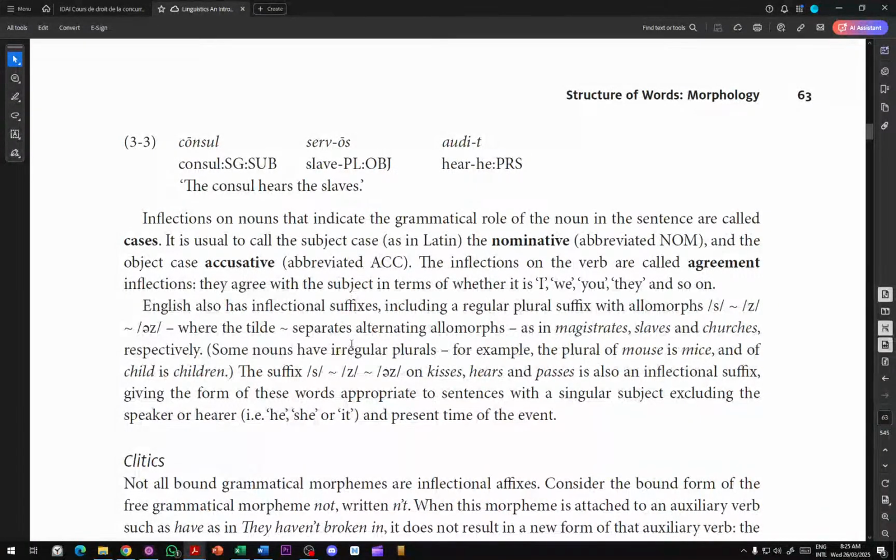Some nouns have irregular plurals. For example, the plural of mouse is mice and of child is children.